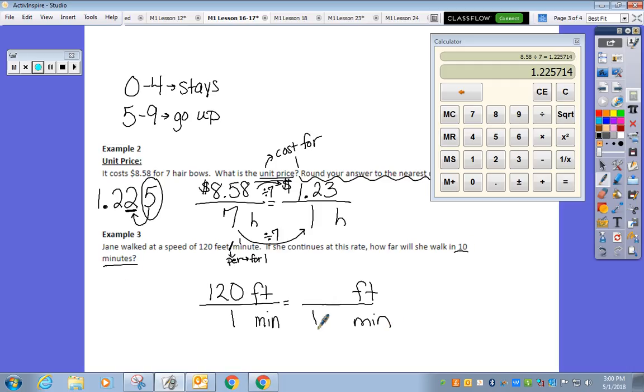So next to minutes, I'll put 10. To go from 1 to 10, I multiply by 10. So that means I'll multiply 120 by 10 to get my answer. Now to multiply a number by 10, all you do is stick a 0 on the end. So I would get 1,200 feet for 10 minutes. Okay, so use equal fractions and rates to help you determine your answers.